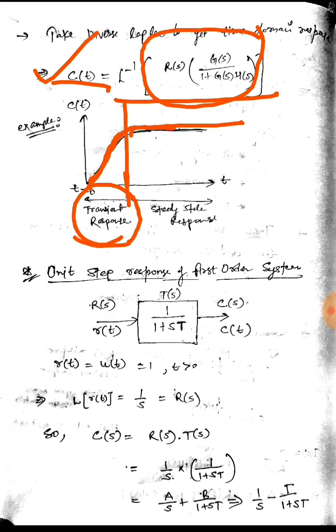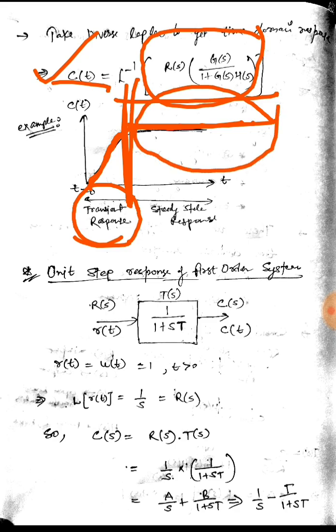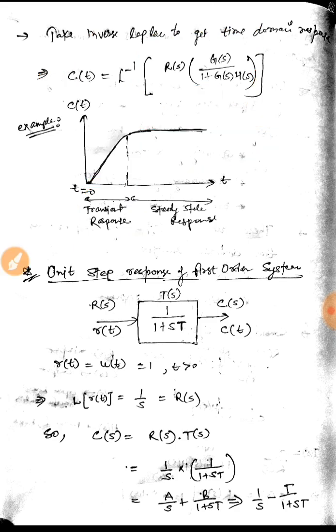After this time period our output has stabilized, it is not changing with time. This is called the steady state response of the system. So these are the two types of responses, transient response and steady state response.